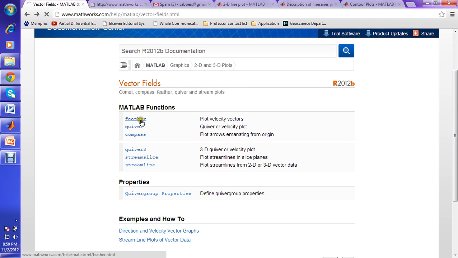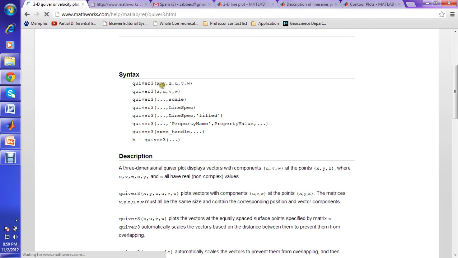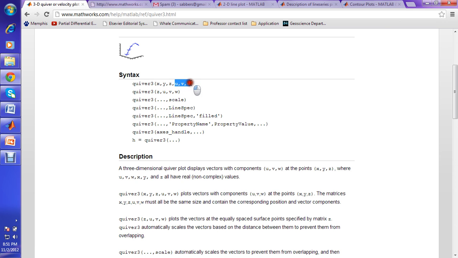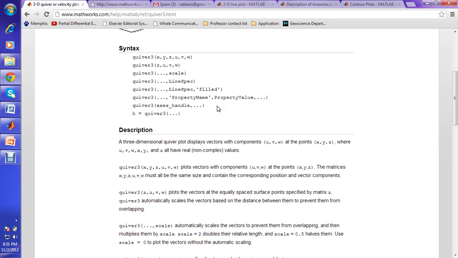So we have understood what quiver is. Quiver3 is a 3D quiver velocity plot. So if you want the quiver3 velocity, you need x, y, z, and u, v, w. These represent a two-dimensional contour, so definitely we must have u, v, w for this, right?